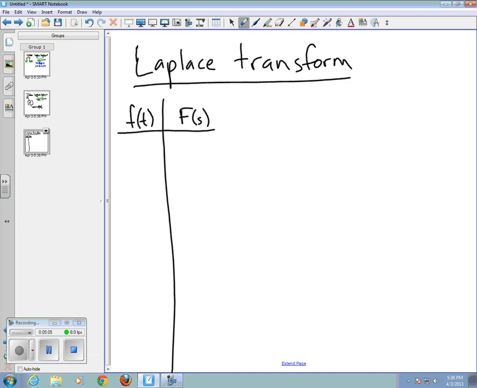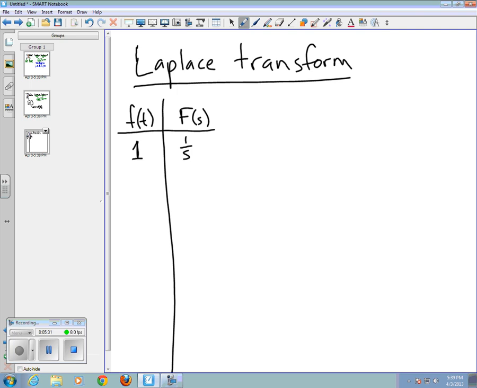Okay? And so the first thing is, if little f of t is 0, then capital F of s is 0. So that's not really very interesting. But the first thing that we are interested in is if little f of t is just the constant function 1, then F of s is 1 over s.